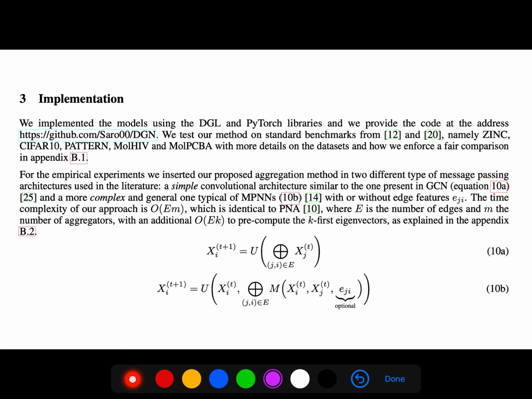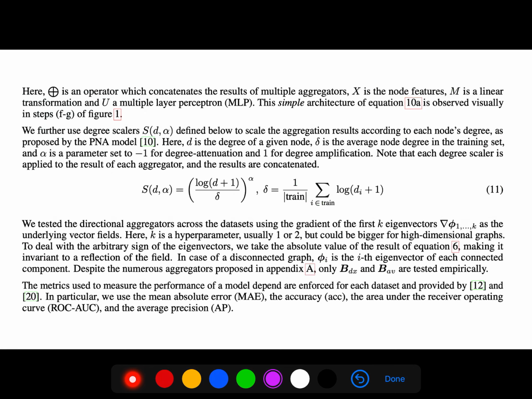A simple convolution architecture similar to the one present in GCN, and a more complex and general one typical of message passing neural networks, with or without edge features. So this is optional, with or without edge features. And the degree scalar is applied to the results of each aggregator, and the results are concatenated.